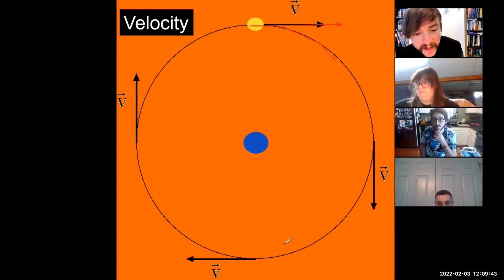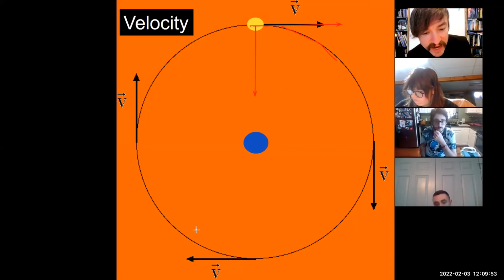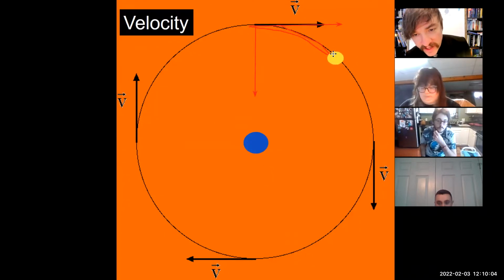And that can only be possible if there's another motion. If there was a force or an acceleration directed towards Earth, then the combination of the sideways motion and the downways motion will lead to the moon traveling over here in its orbit. And now let's analyze it once again. Now the moon is here, and presumably it's still feeling the gravitational pull towards Earth.